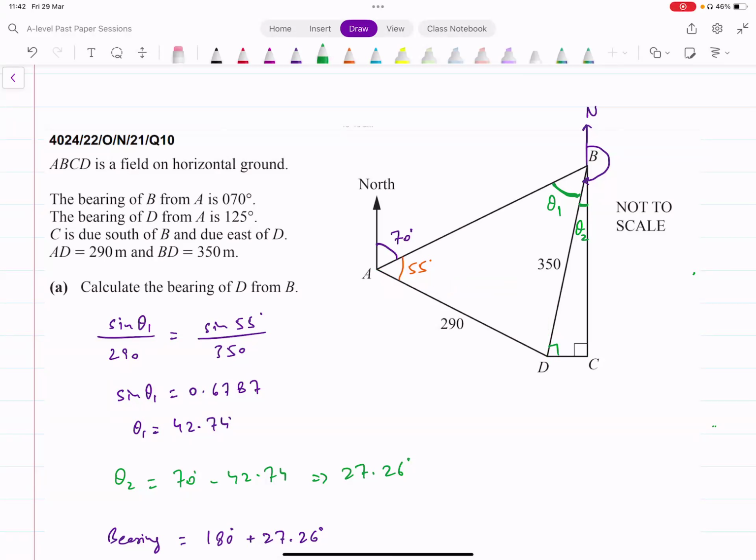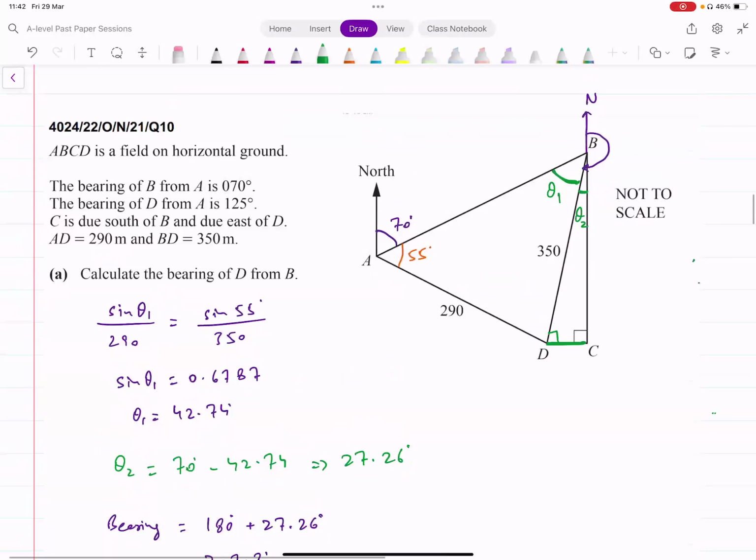In this 2D diagram, this is the side CD. Now, let's think about this. This angle is 350. This angle theta 2, we have already found. It's 27.26 degrees now. So from this triangle, we can figure out the length CD as well.